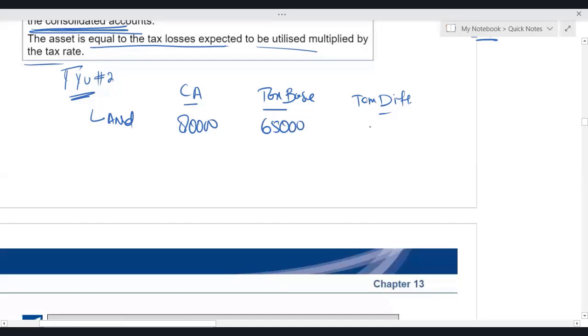So can I say there's a difference of 15,000? Obviously, there is a taxable temporary difference. Taxable temporary difference multiplied by tax rate gives us the deferred tax liability. And we have already discussed one point: if your deferred tax liability arises from revaluation surplus, then it will be charged to revaluation surplus.